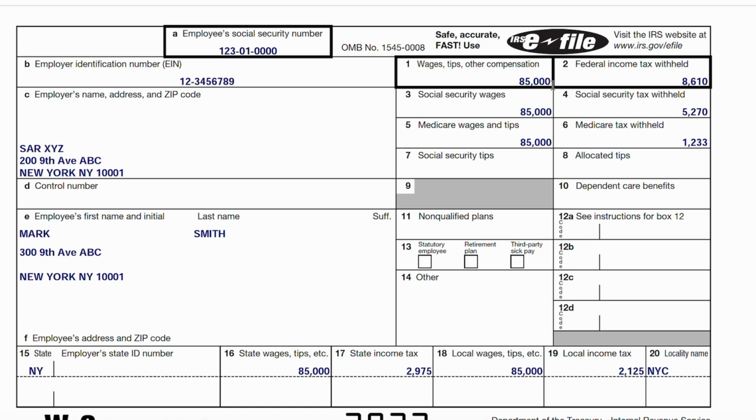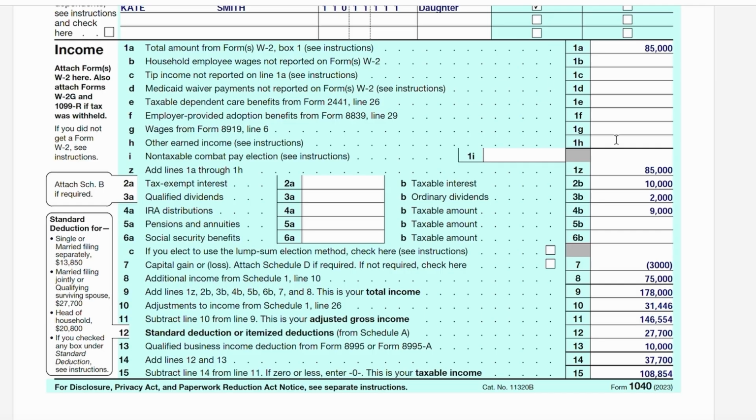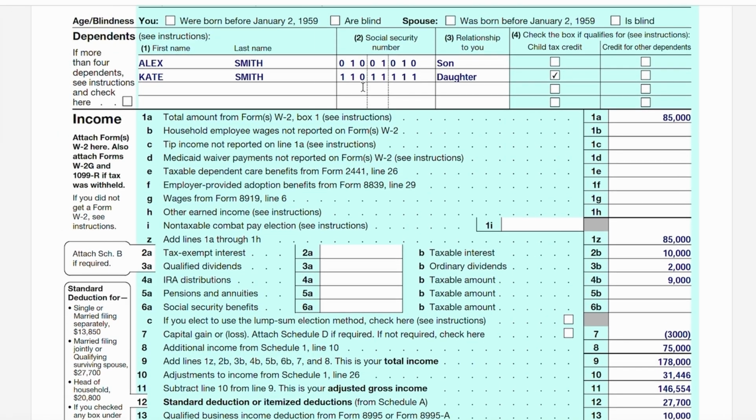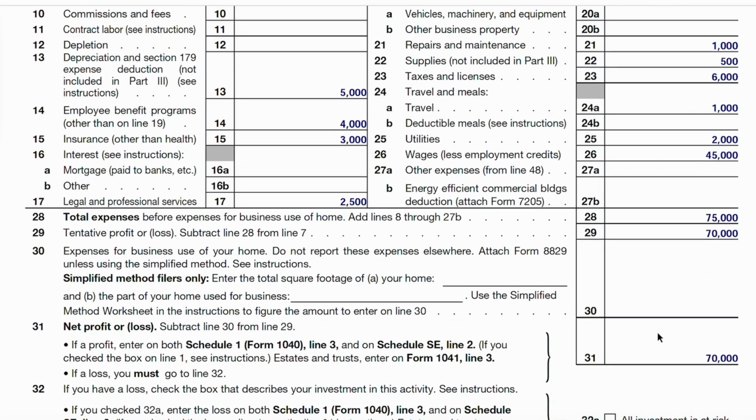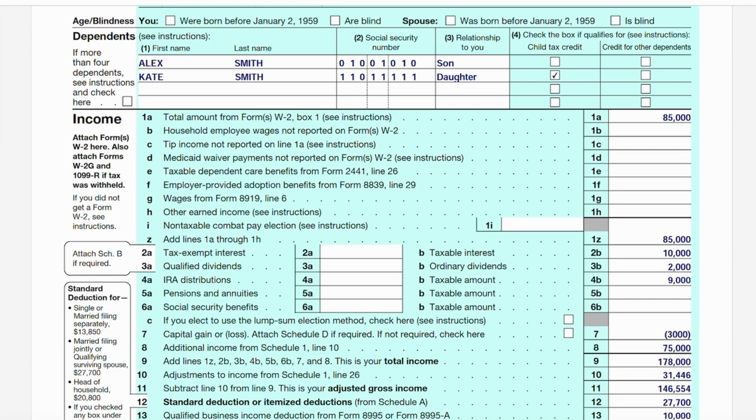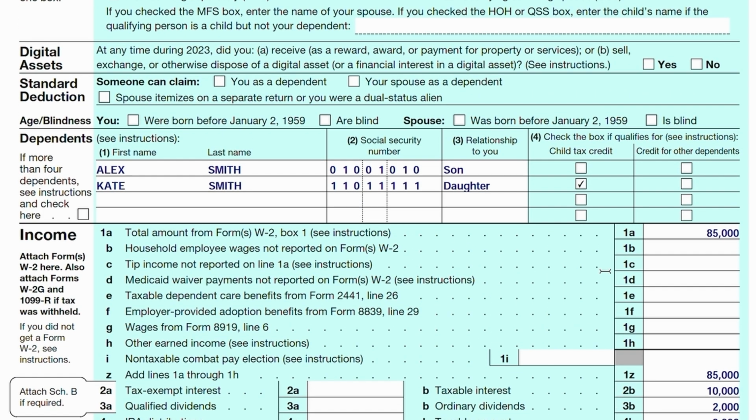This form is issued to him by his employer, and this 85,000 directly shows up on Form 1040 line 1. But whatever Mary Smith has as her net income, 70,000, was not directly shown on Form 1040 page 1.